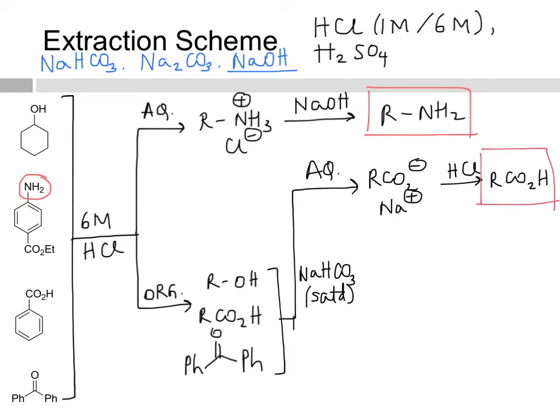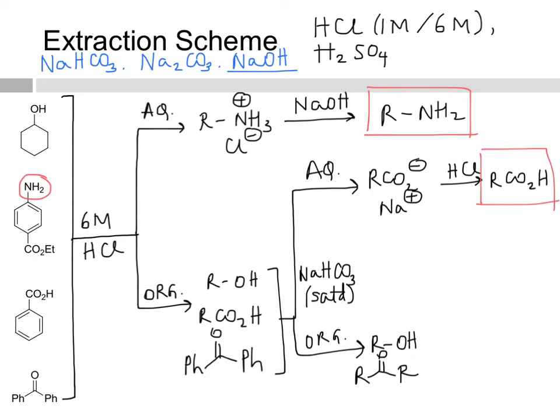In the organic layer, from the sodium bicarbonate wash, we had the alcohol and we had the ketone. So what we're going to do now is treat it with a slightly stronger base like the hydroxide to pull out the alcohol.